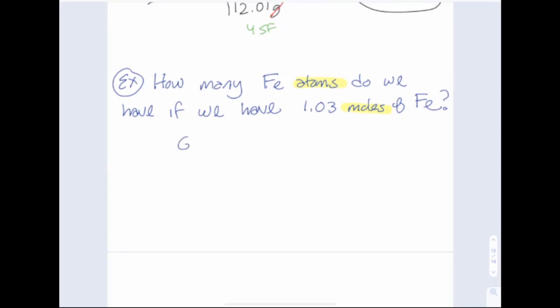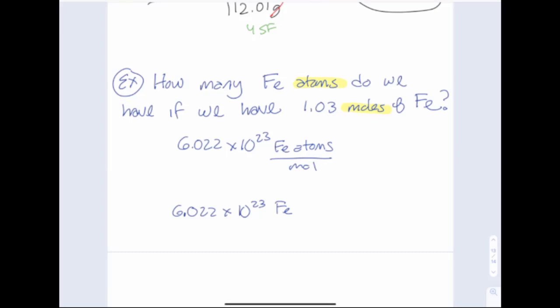I know that there is 6.022 times 10 to the 23rd iron atoms per mole. And just like we did with the last problem, if you like it better in equality form instead of conversion factor form, by all means do it. So I know that there's 6.022 times 10 to the 23rd iron atoms in 1 mole. There's that many of anything in 1 mole.